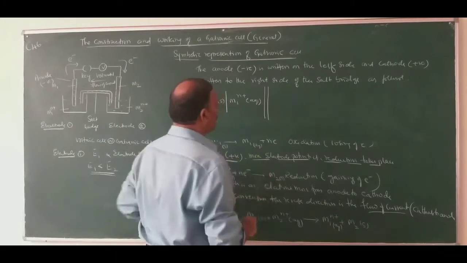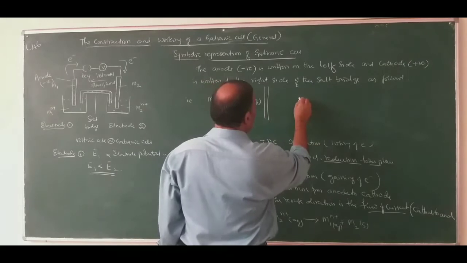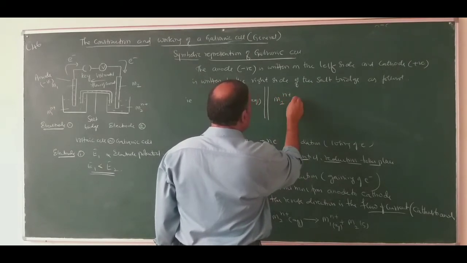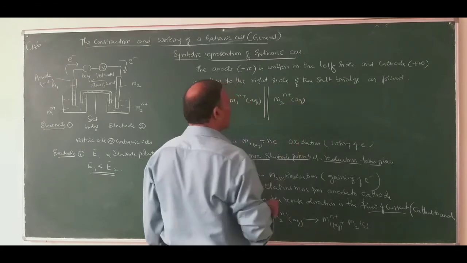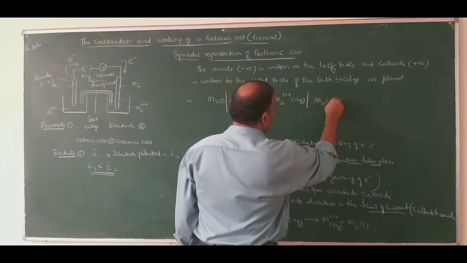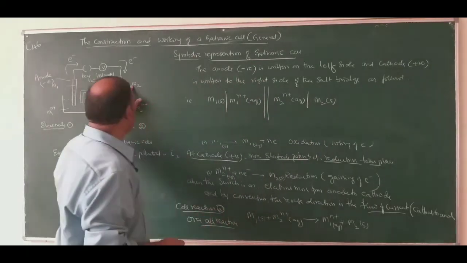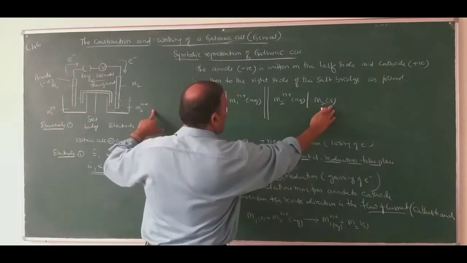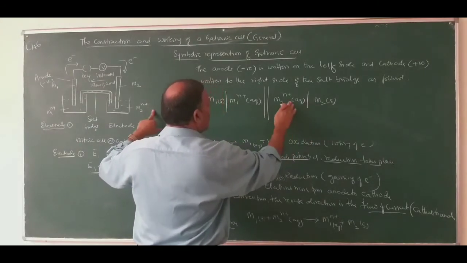Coming to the cathode, here M2^n+(aq), where M2(s) is dipped in M2^n+.